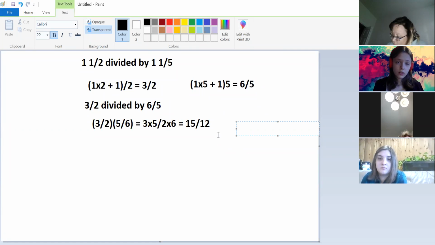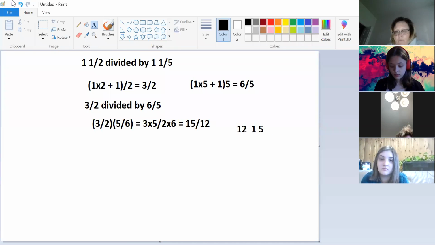Divide it. I'm going to divide the 12 into the 15, right? So it looks like this. Again, I'm just going to use my mouse hand like that.